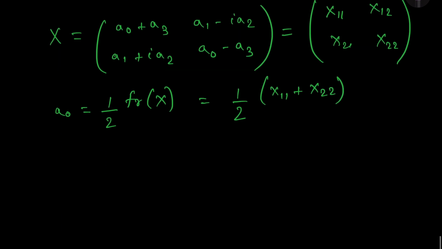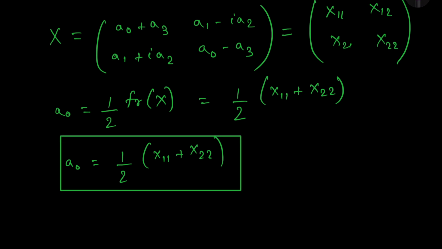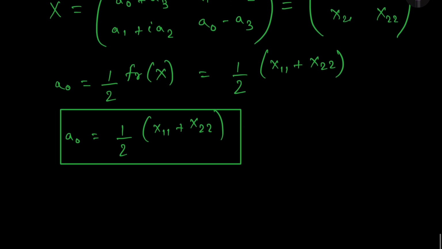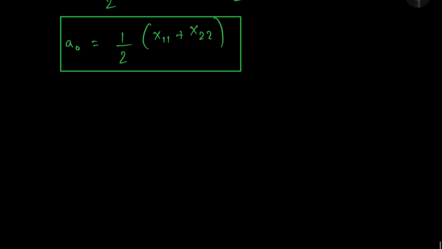So this is the result for a0, that is half of X11 plus X22, in terms of the matrix elements Xij. Similarly, we have to do this for a1, a2, and a3.